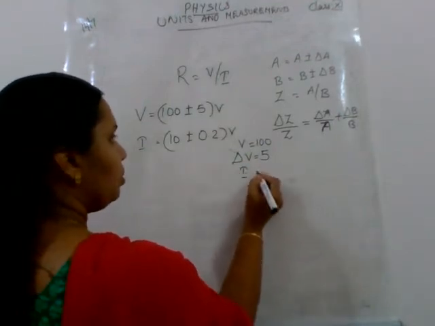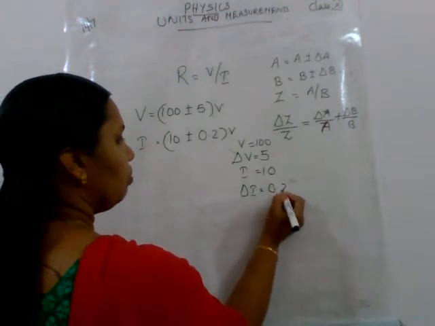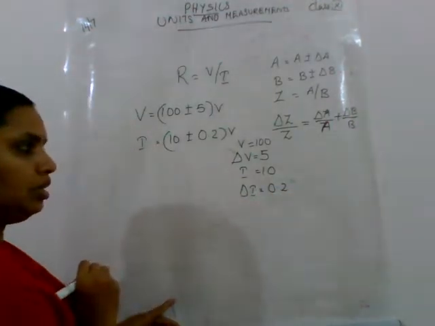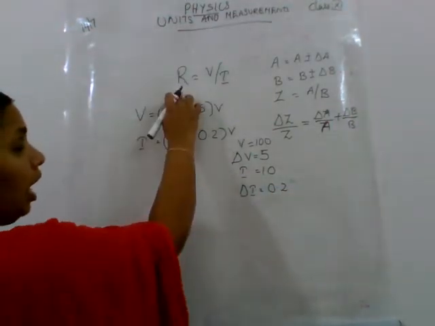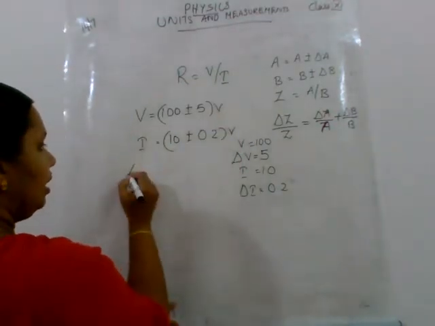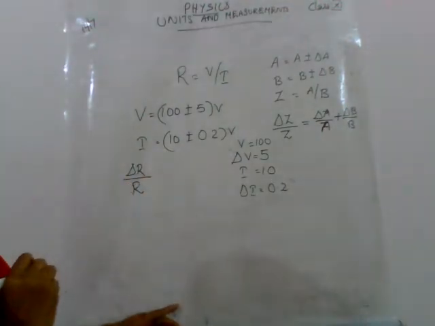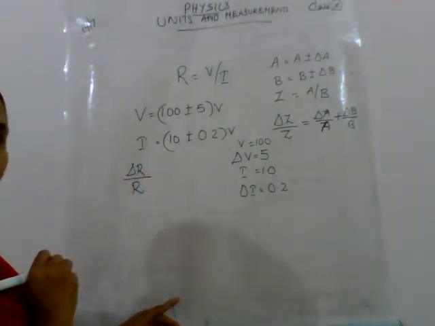Then I is equal to 10 and delta I is equal to 0.2. And this is R. So what is the relative error in R? That is delta R by R.